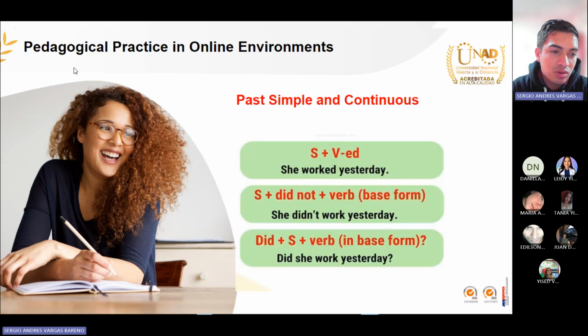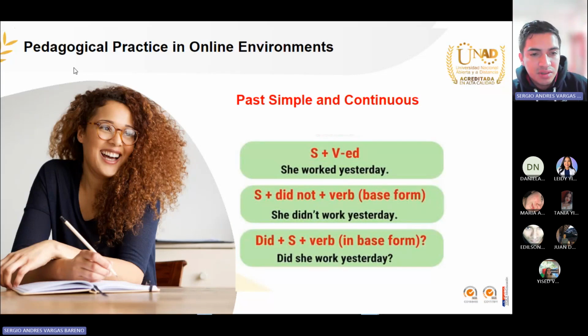Por eso los verbos en negativa e interrogativa vuelven a ser en forma base, porque ya no tienen ellos que establecer el pasado, sino lo establece el did. Y otra ventaja, did se utiliza para todos los pronombres. Aquí no hay distinción de terceras personas. ¿Listo?